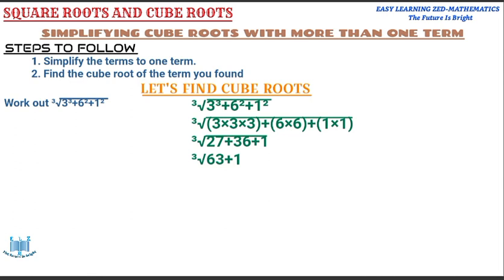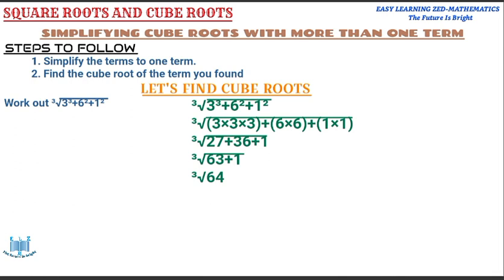Then we add 1 to 63, and 63 plus 1 gives us 64. I'm going to write 64 in the cube root. Now we have found one term. We have simplified 3 cubed plus 6 squared plus 1 squared to one term, which is 64, inside the cube root.